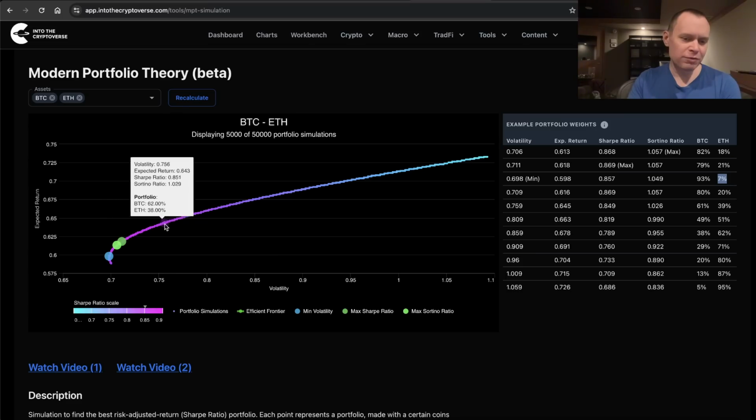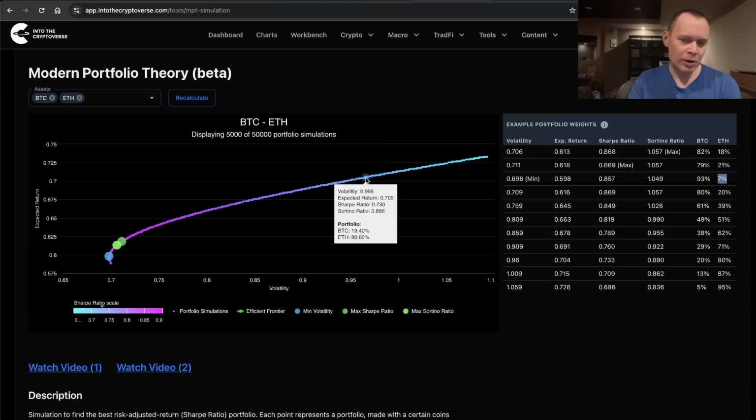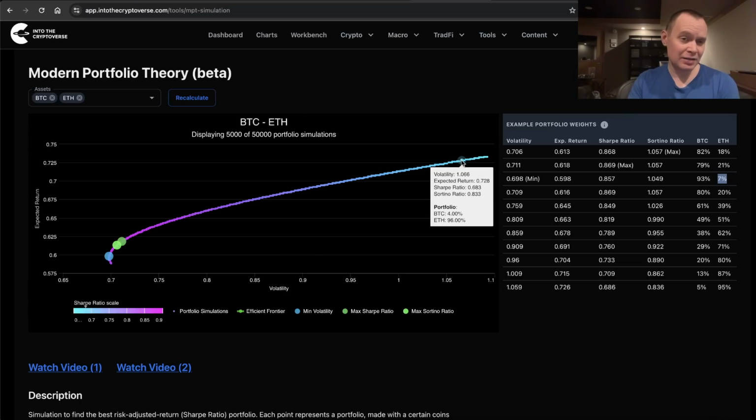But as you go further up the efficient frontier, you can see it becomes less and less Bitcoin and more ETH. That doesn't mean you necessarily make less money. Of course, it would have meant that over the last 3 years. The more ETH you had, the worse your portfolio did, because Bitcoin dominance went up and ETH Bitcoin went down. Hopefully that changes in 2025. I think it probably will.